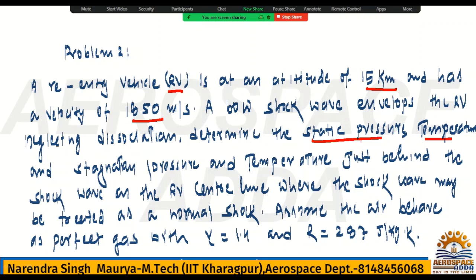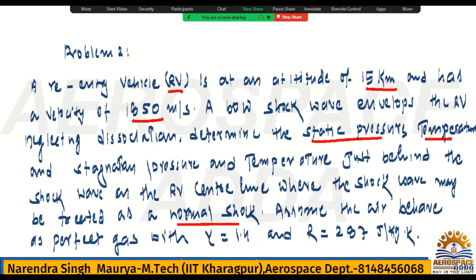At 15 km, what are the static pressure, temperature, and density? You can calculate that easily because it's the stratosphere. Then you have to calculate the stagnation pressure and stagnation temperature just behind the shock wave, on the center line, where the shock wave may be treated as a normal shock.